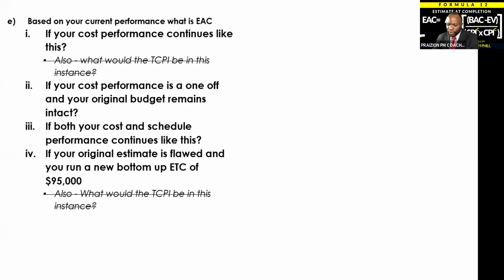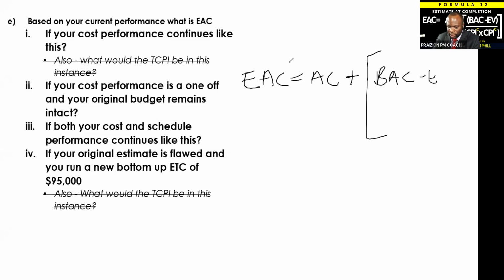So we would use the formula EAC is equal to exactly the same as the first one. But remember, we've got the big old brackets, BAC minus EV, divided by SPI cumulative. I like putting the C to remind me it's cumulative. That is important.